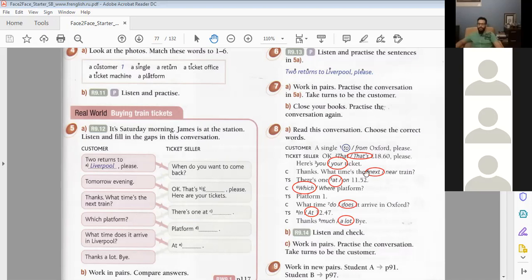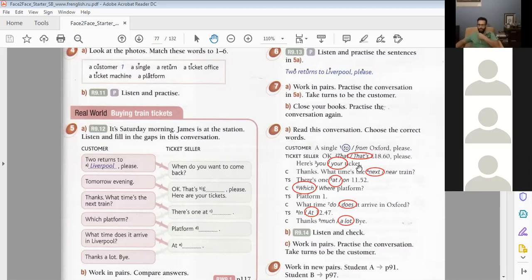Sorry. Basma, do you have a problem with your connection? Do you hear me? The sound was cutting out. Can you repeat it, please? Okay, that's 18 pounds 60, please.